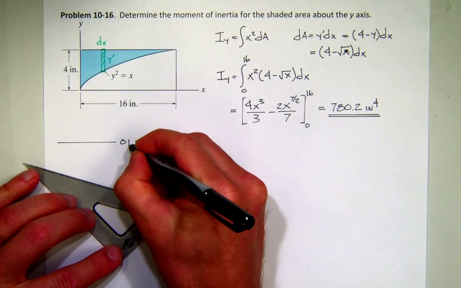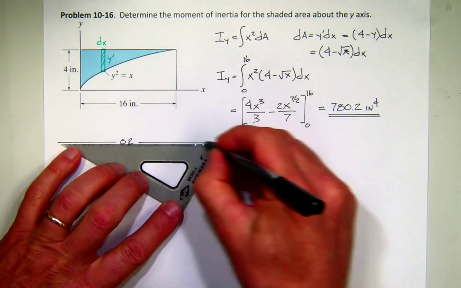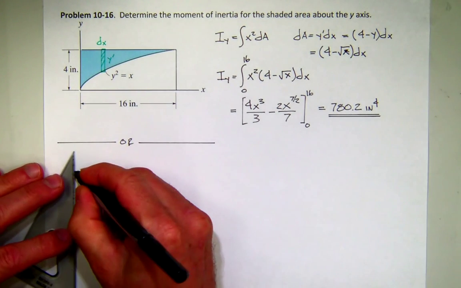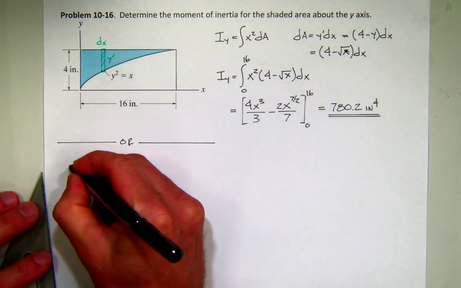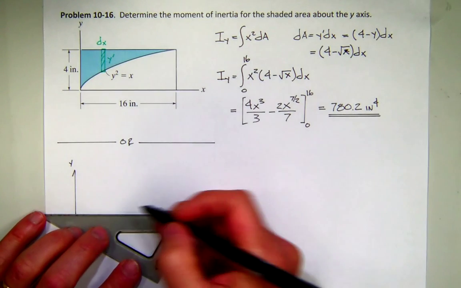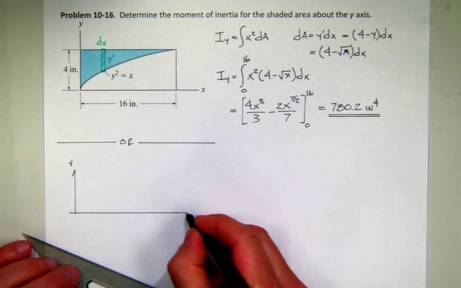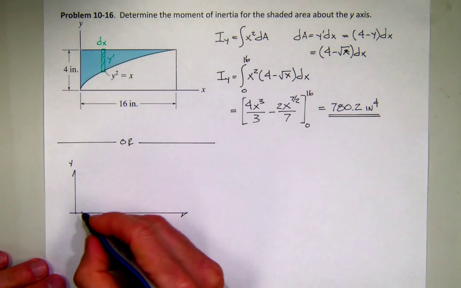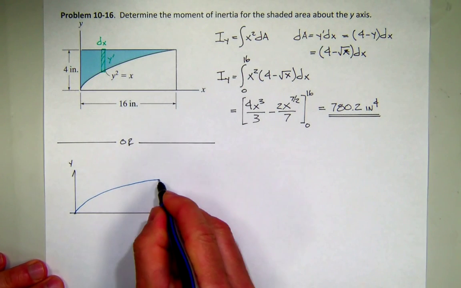Or, what if we do it the other way? See if there's a difference. So there's our xy axes. We have our curve.